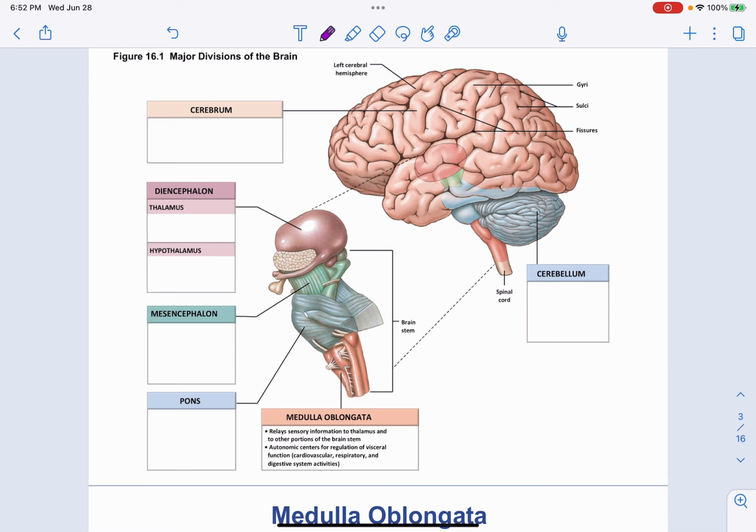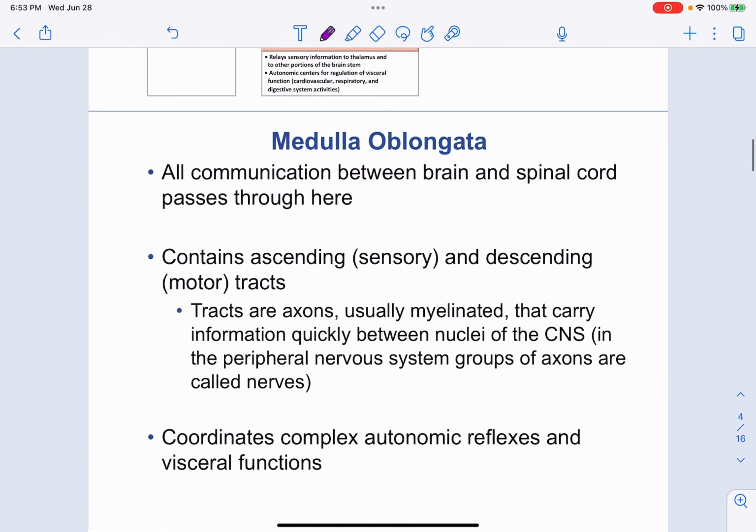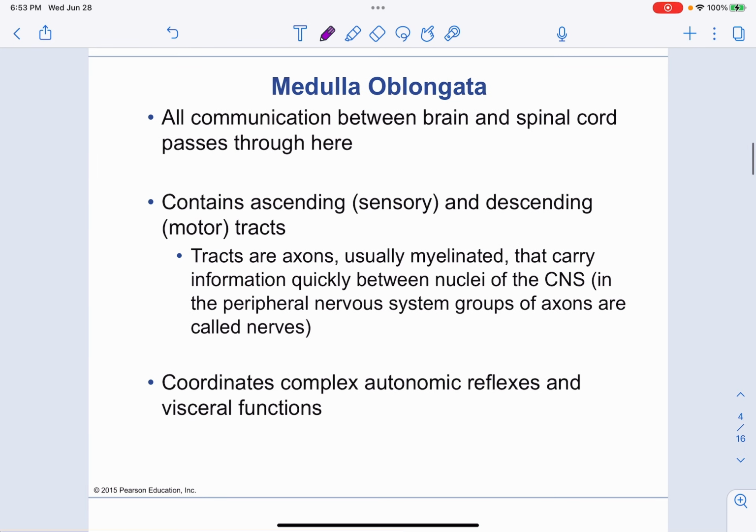So you'll see ascending white columns of the spinal cord to other regions of the brain, or motor information descending down to the anterior white columns of the spinal cord. And there are some very important areas and some important nuclei that have to do with autonomic functions. All right, so let's move to this slide and start to explore the medulla oblongata.